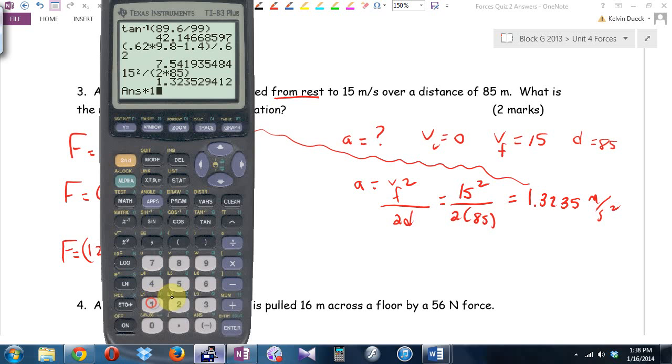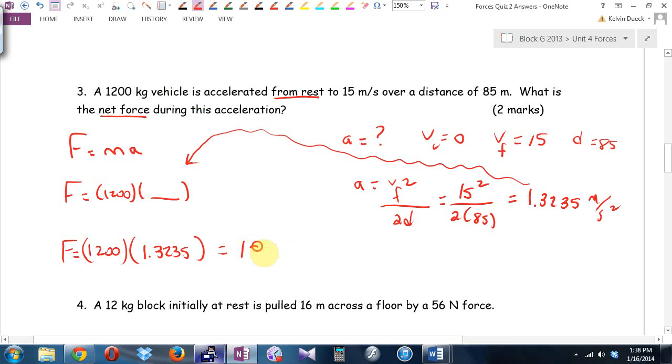I'll use the actual value stored in my calculator. You get 1588 point that? Technically I should probably go to 2 sig figs, so I'll say 1,600 newtons, but I'll take 1588.